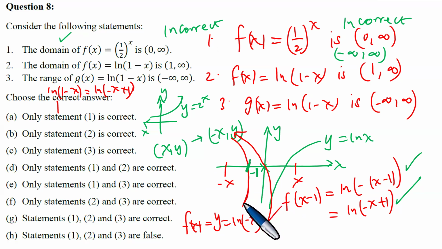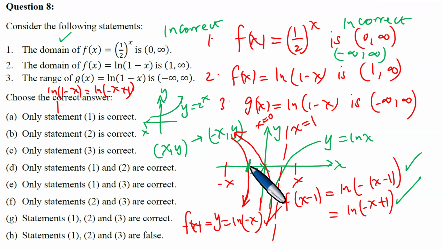But look, if it is sitting here, then the y-axis is an asymptote. The y-axis is an asymptote, which is the line x equals 0. Now if you move it to this side, at this point there is x equals 1.